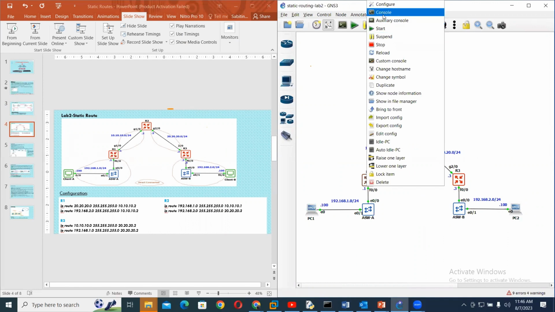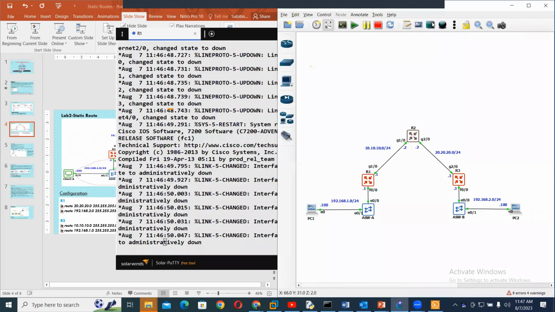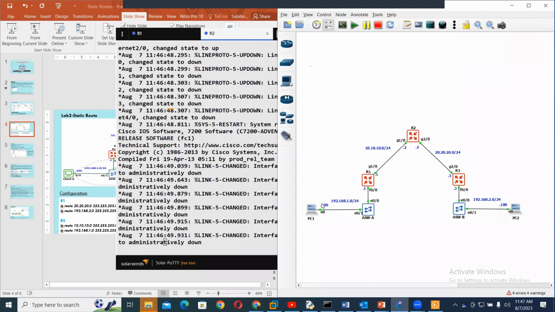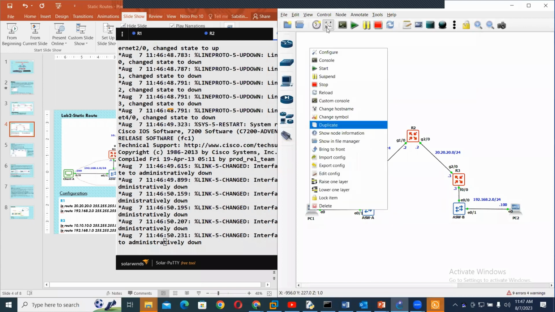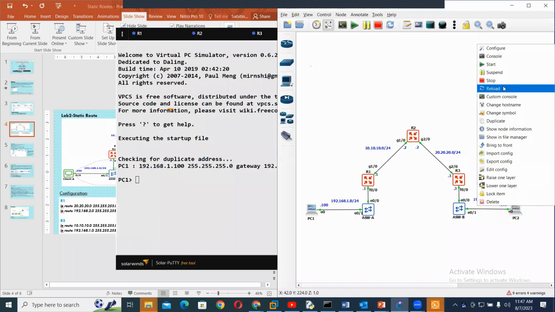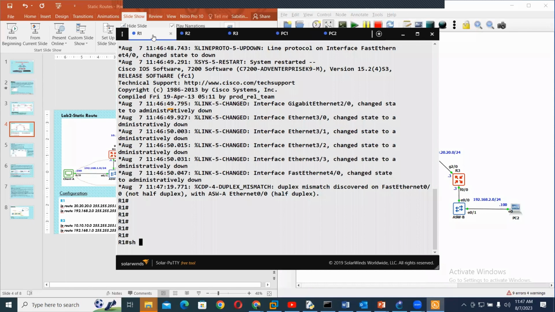Let's open the console for R1. I want to check my configuration, if there's any configuration.